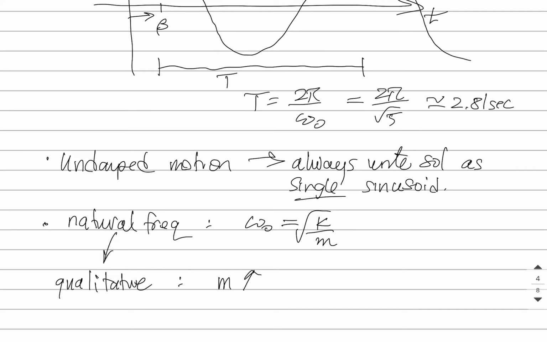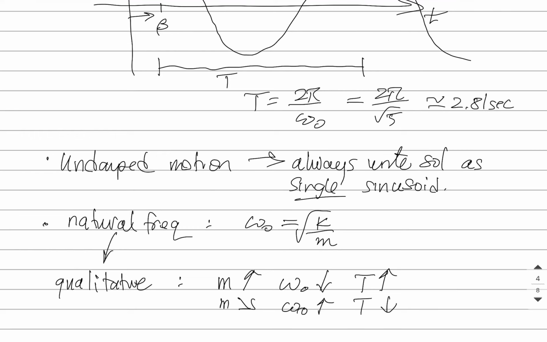So it will go slower. It will take longer. There's more work for the spring to do because the mass is heavier. If the mass decreases, the frequency will increase and then the period will decrease. If the mass is lighter, it will bounce around more quickly and it doesn't need as long to get back to where it was.